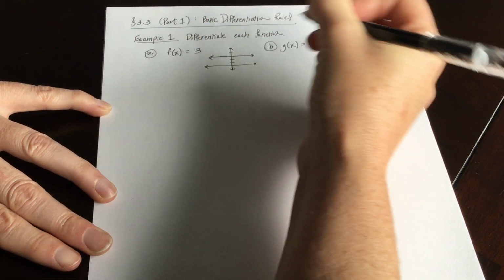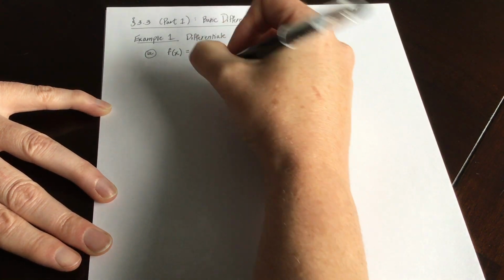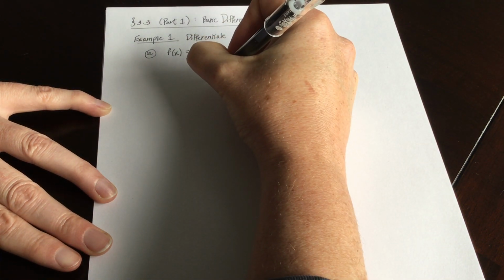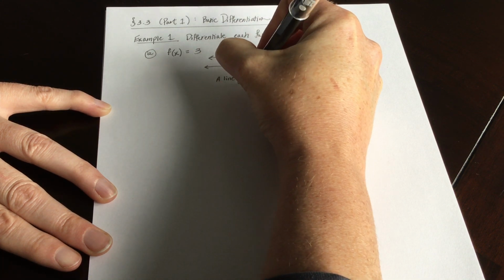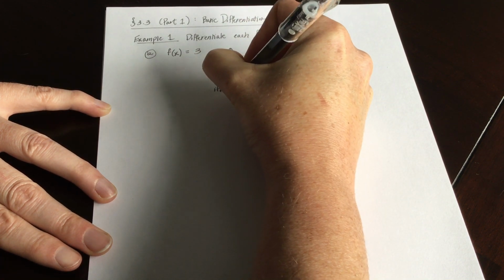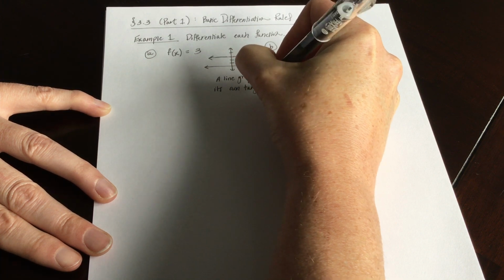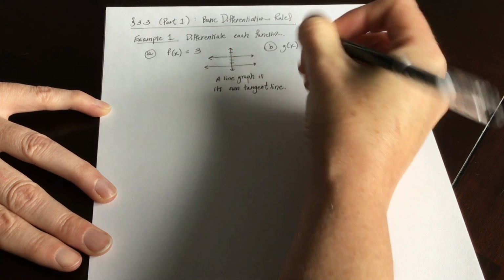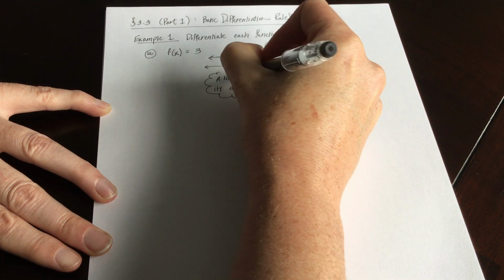An important fact that goes along with parts A and B and also example 2 is that a line graph is its own tangent line. We'll put a little clutter around that because that's an important fact.